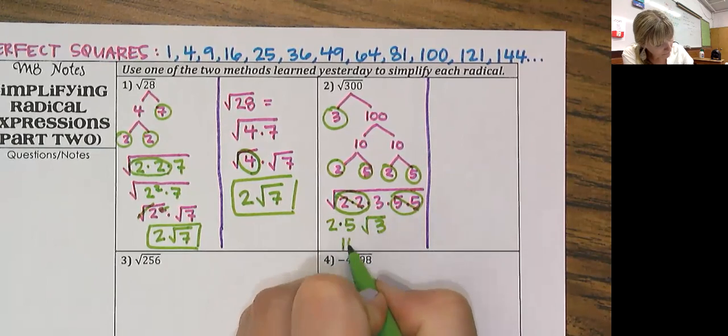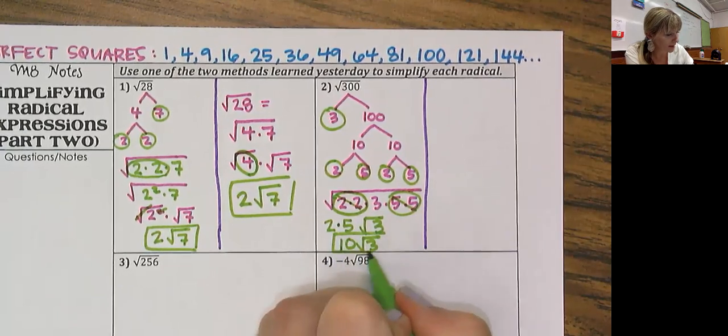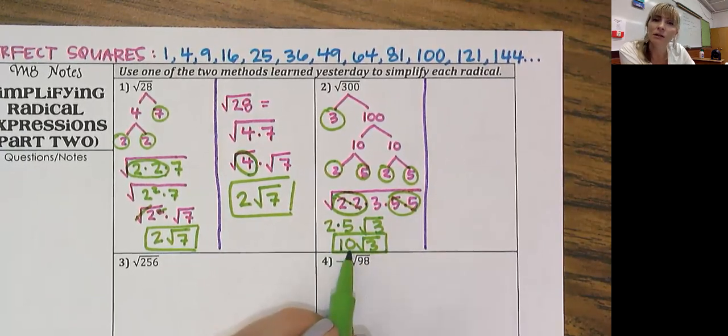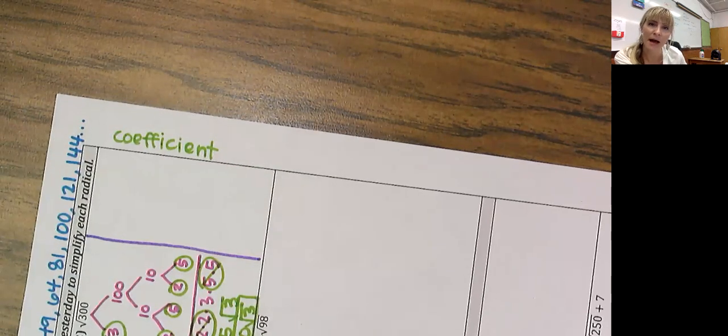These values up front, here is a word that you may not have heard since 7th grade. This value up front is called a coefficient. Coefficient. I'm going to write that word on the side here so you guys can see it as you hear it. Coefficient. A coefficient in math is a number being multiplied on something.